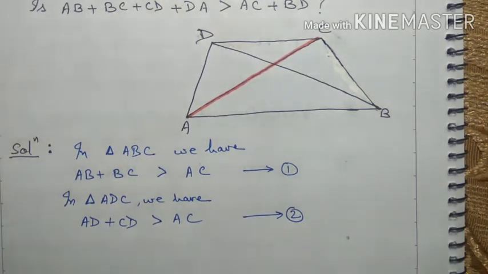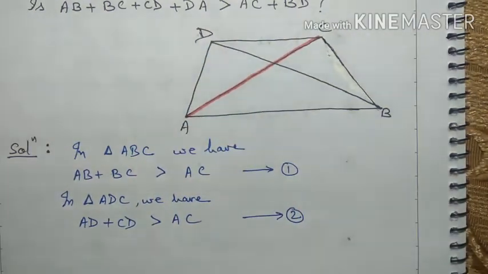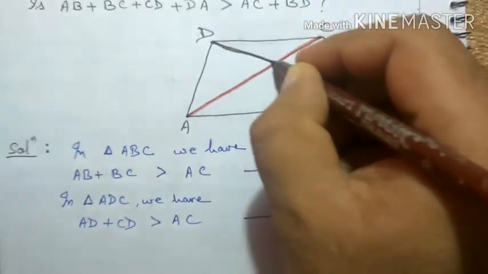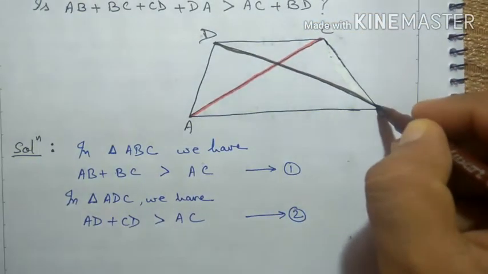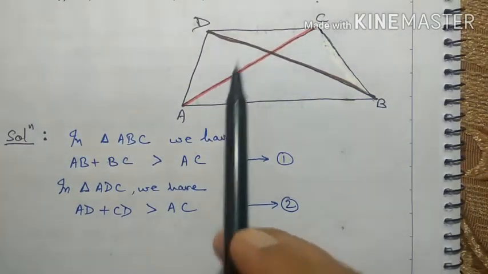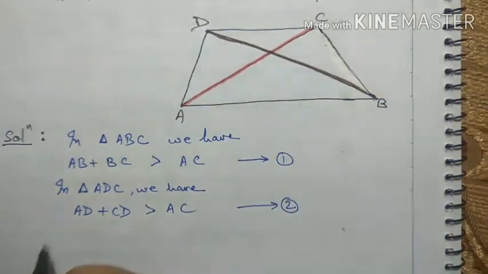Now we have to check the other triangles having base DB. DB is the base, so check for the triangles having base BD. Now the triangle with base BD is triangle ABD.